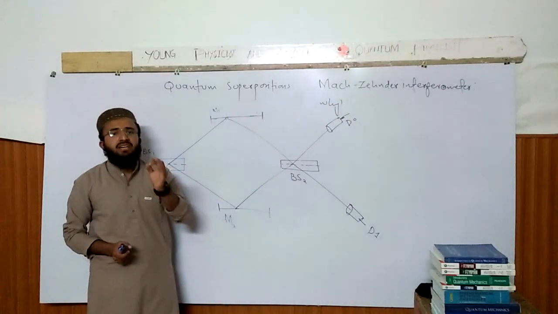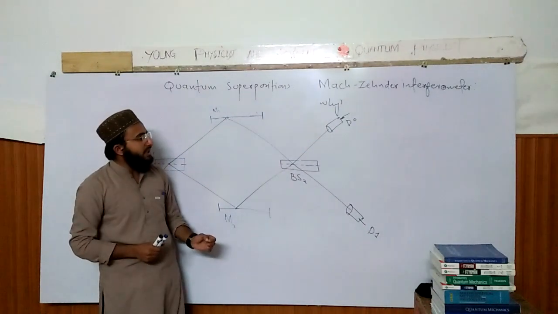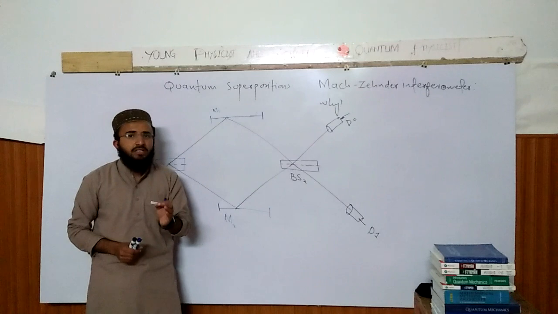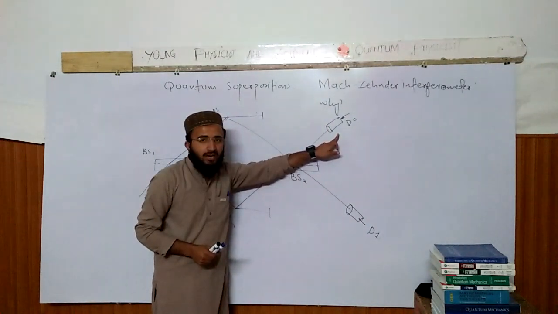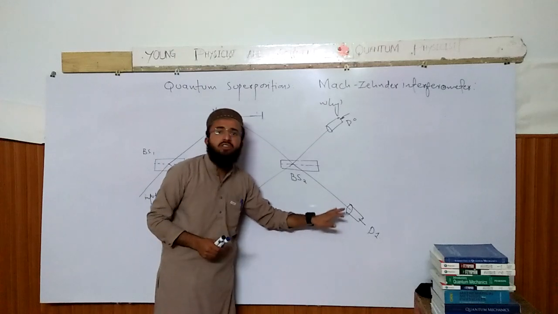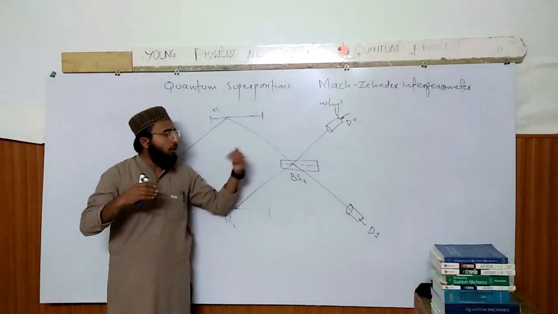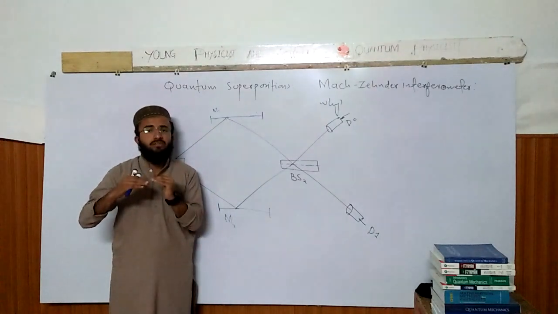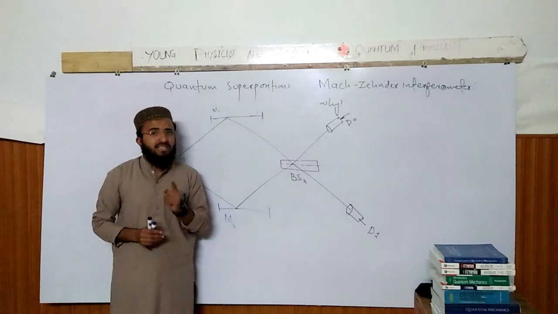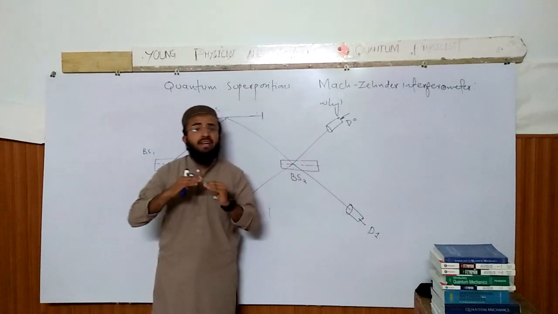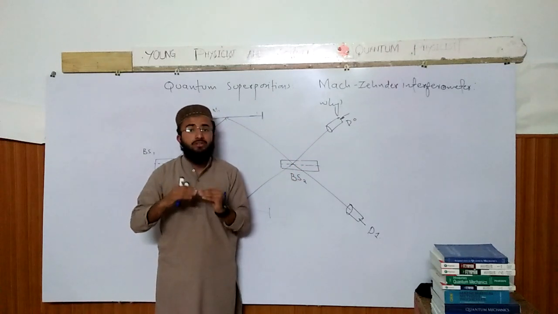The answer in classical physics is very simple: we can receive photons in both the upper detector as well as the lower detector. That means we will obtain the intermediate result, the average result. But remember, in quantum physics, you will never obtain the average or intermediate results.